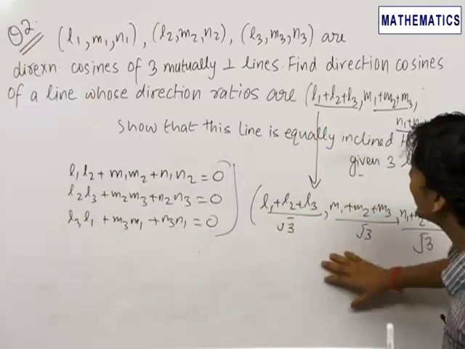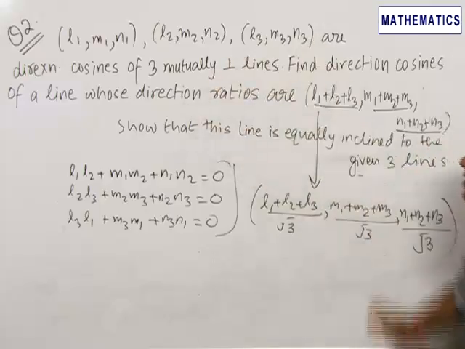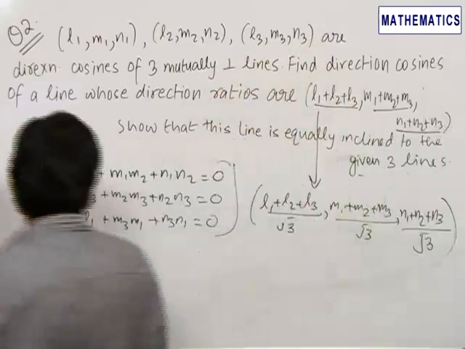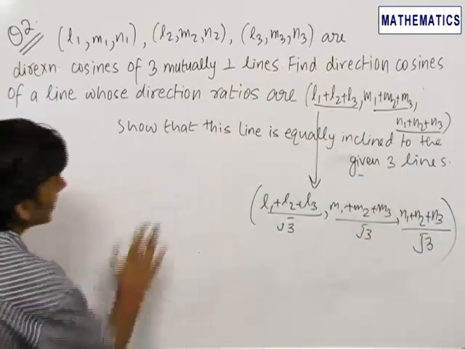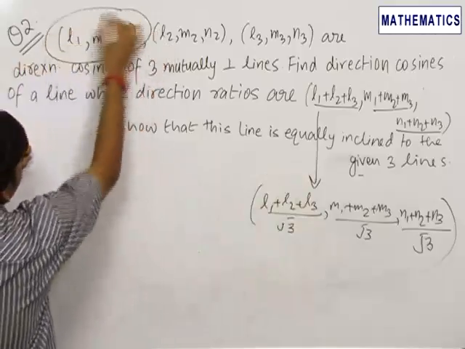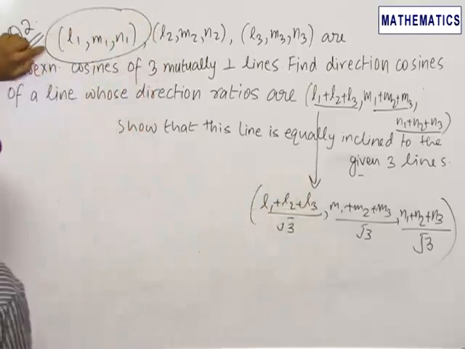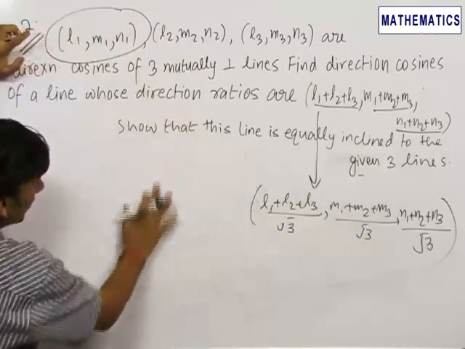Now we need to show that this line is equally inclined to the three given lines. So let us take this line first and this line. These are the direction cosines, and these are also the direction cosines of the two respective lines.